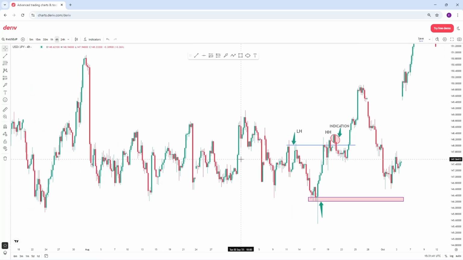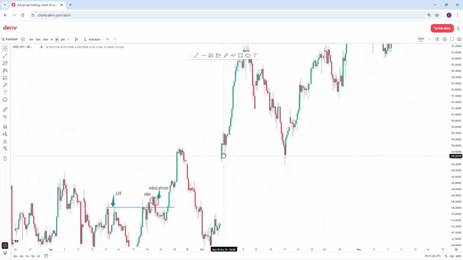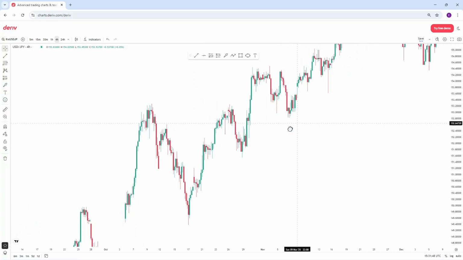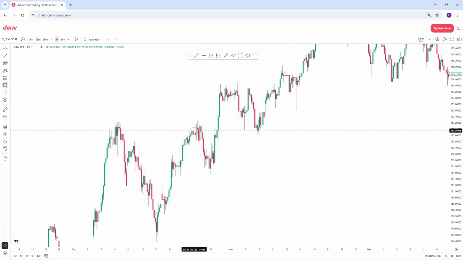Let me show you another example, like here, from here. You can see the market here, a high was created and it made a low. What happened here?